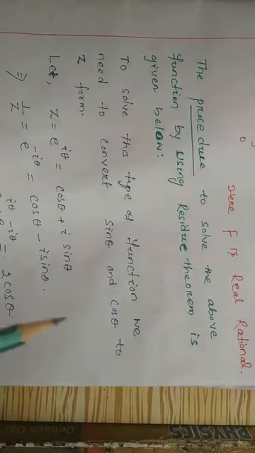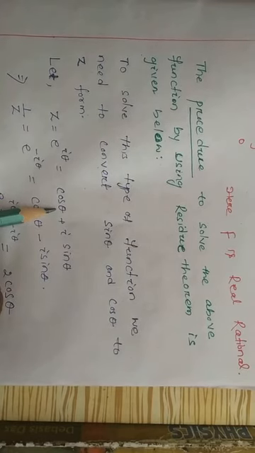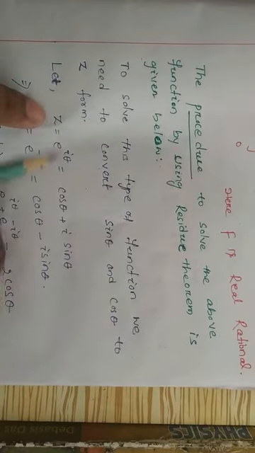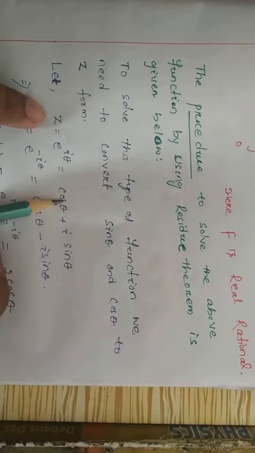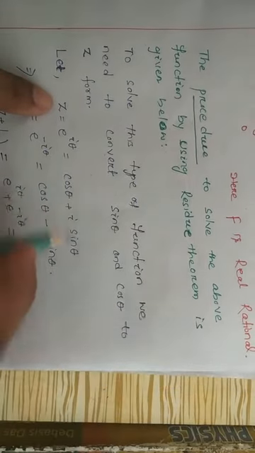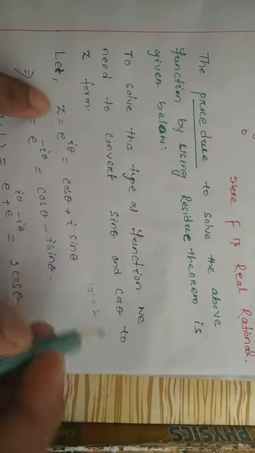If we consider theta equal to 0, then we start from z equal to 1. If we consider pi by 2, then |z| is also 1.